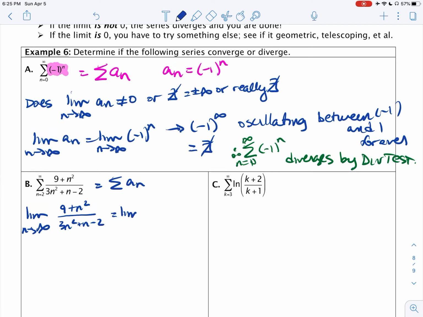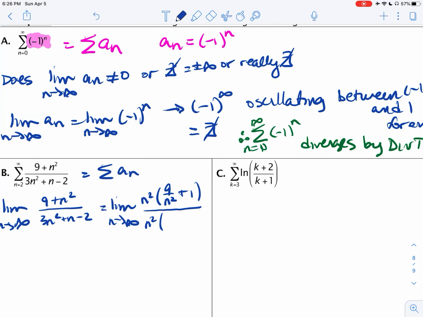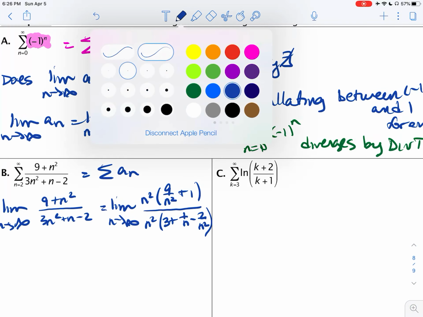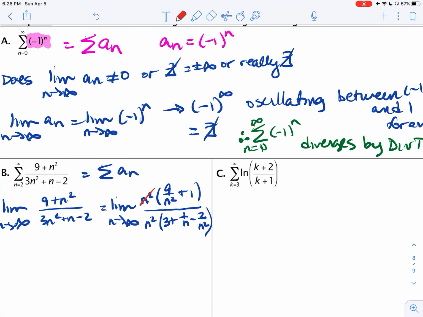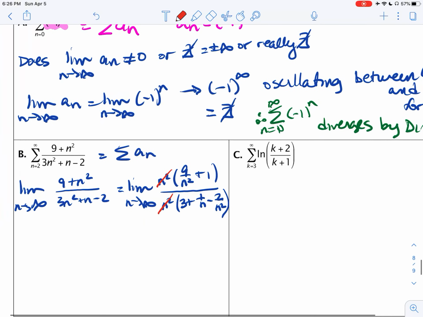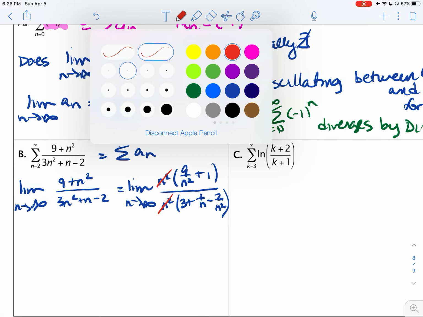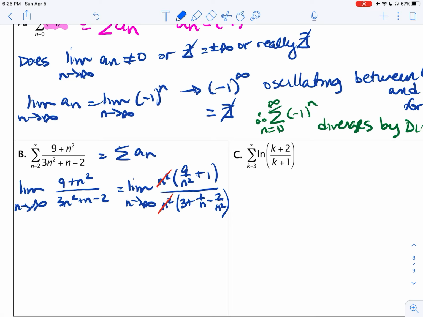And just factoring out the highest power of n, we've got n squared times 9 over n squared plus 1 over n squared times 3 plus 1 over n minus 2 over n squared, right? Got to divide out by n squared to all terms.